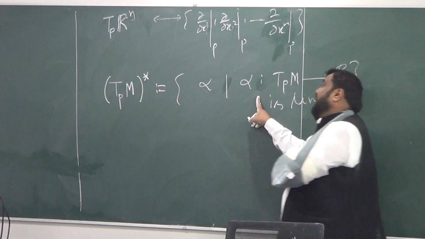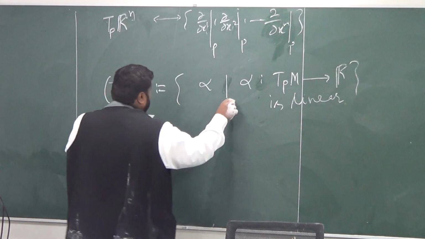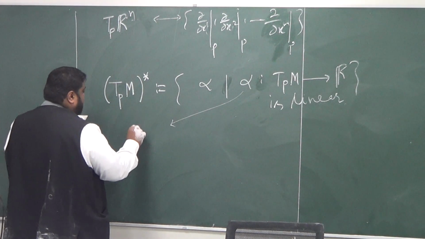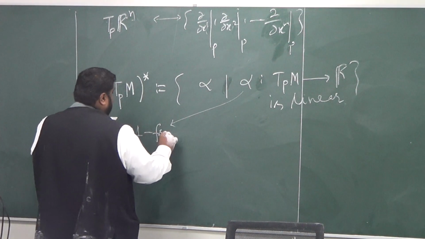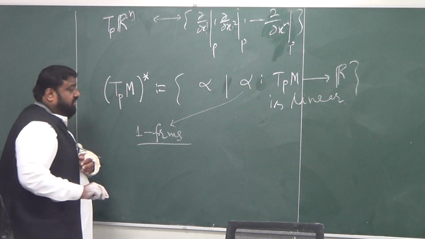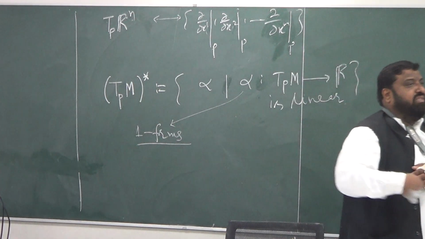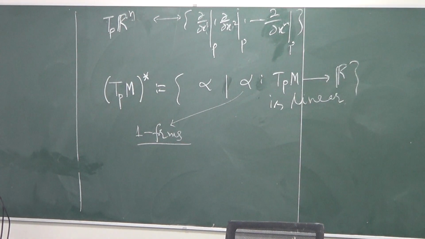Okay? And I also call such linear maps one forms. What do you call them? One forms. So whenever I mean a one form, I mean a linear map from the tangent space into R. And I know that my one forms are 1-0 tensors as well.